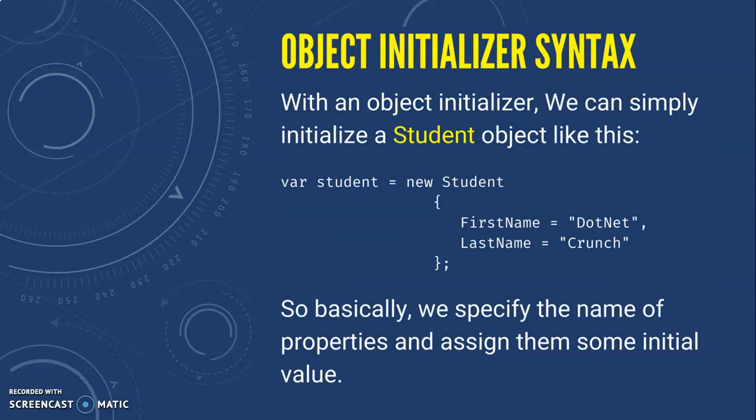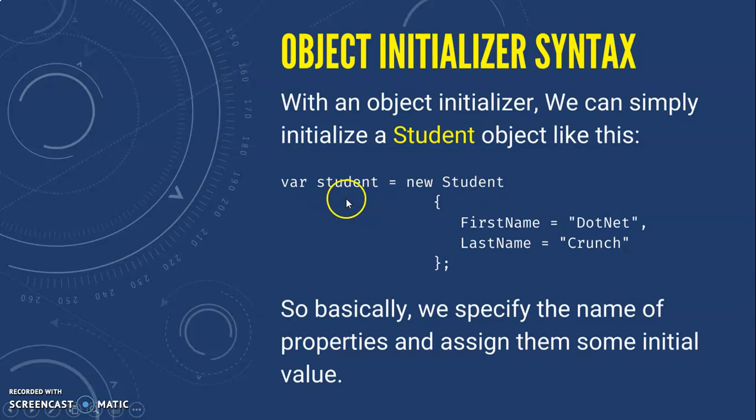This is how we write an object initializer for a student class. We are creating an instance of a student, and I'm just initializing 2 of the properties, first name and last name. Here you can see I haven't invoked the constructor explicitly.